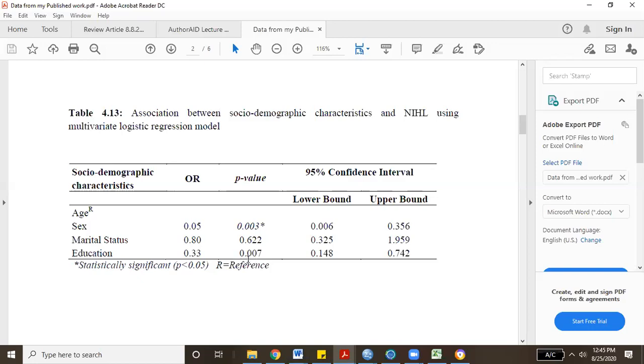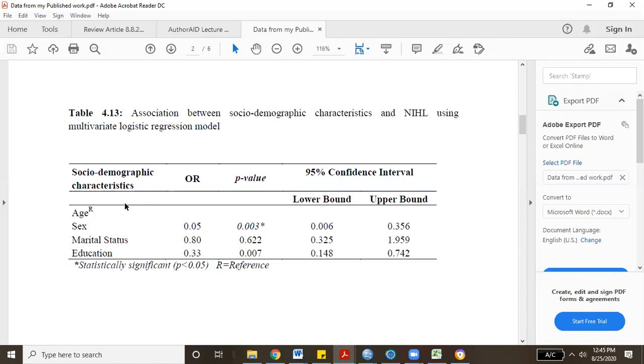Education was not significant anymore, meaning that the reason why it was looking like those that are married and those that have tertiary education will have more noise-induced hearing loss is because someone that is older will likely have been married and will likely have had tertiary education. So you see marital status and educational level, they are confounders.